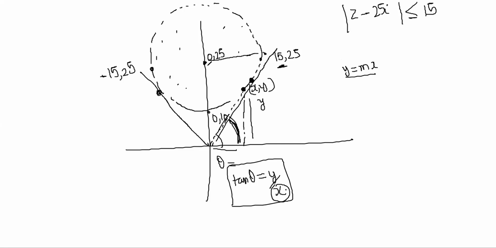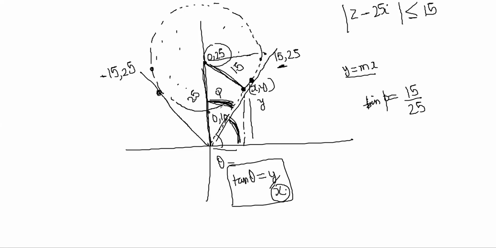This is going to be radius 15, and this distance is going to be 25, because the point was 0 comma 25. So if this angle is phi, sine phi is going to be 15 by 25.